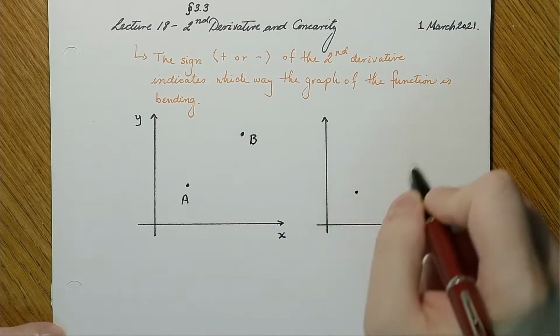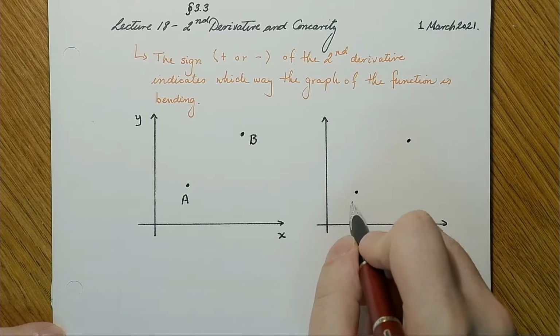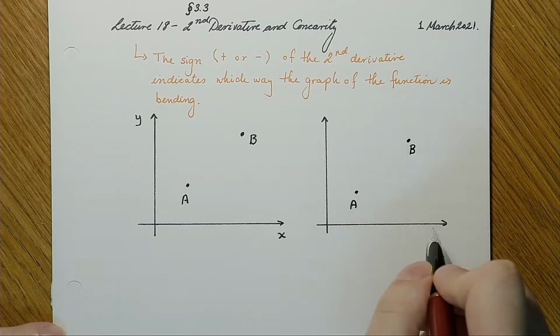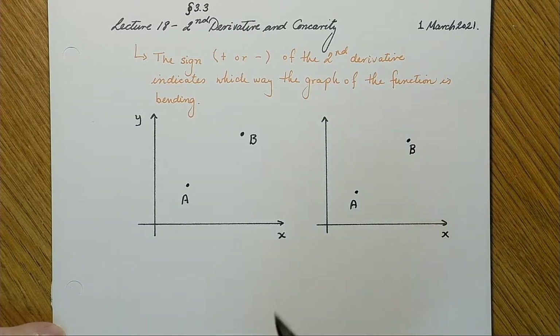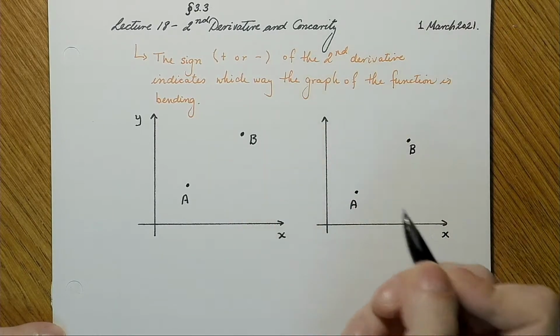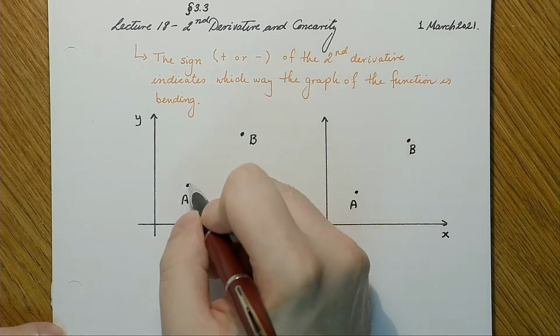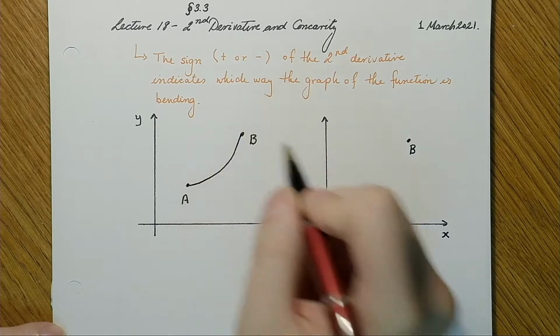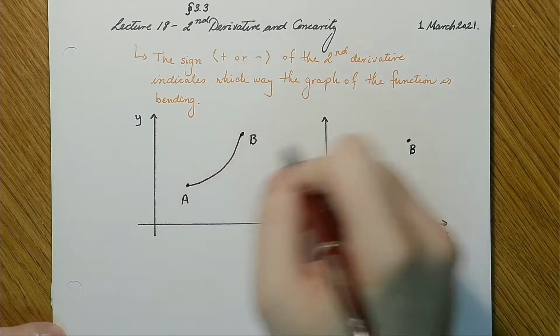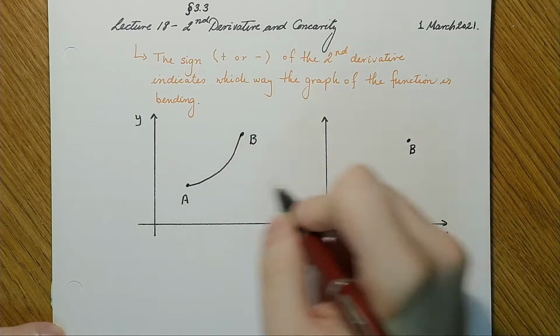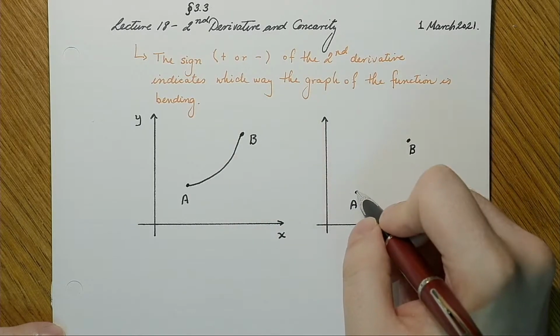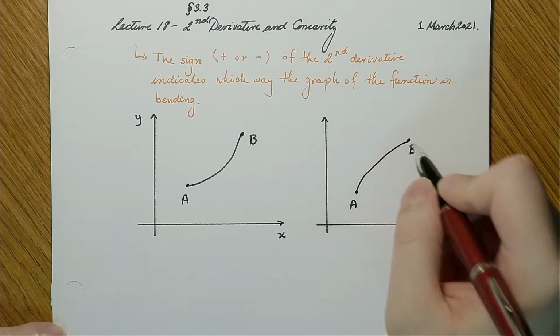I will have points A and B. I can have something like this graph, that's increasing, right? Or I could have something like this.